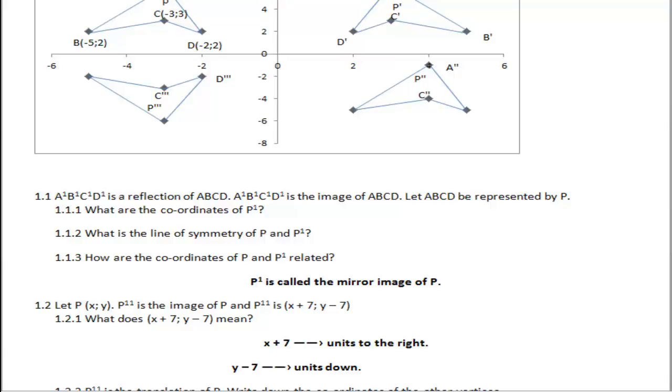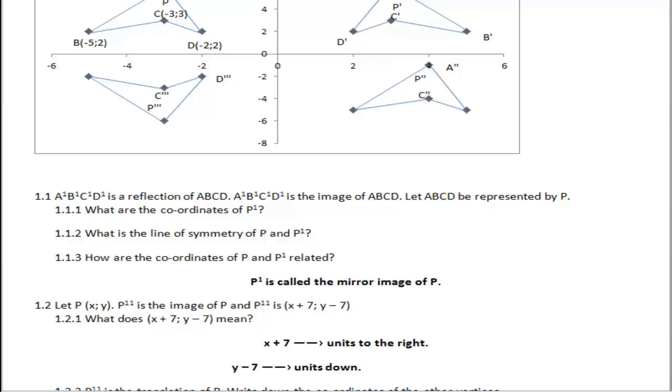So if you know the coordinates are minus 3, 6, then A double prime will be minus 3 plus 7, which is 4 as the x value, and the y value is 6 plus minus 7, which is minus 1, and that's perfect. So that is actually a translation.